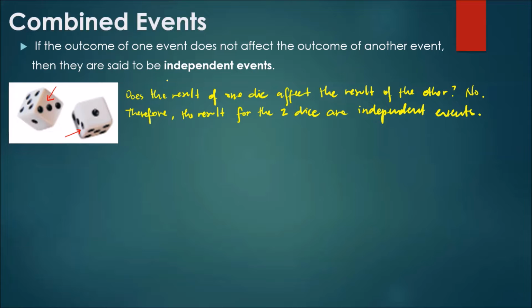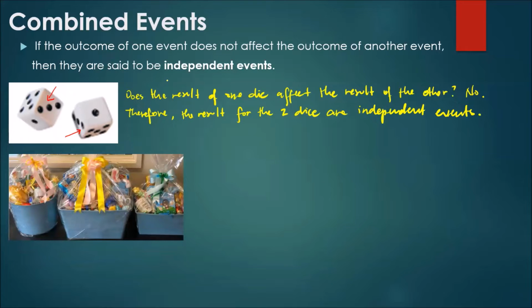For example, we have a raffle wherein we have 3 prizes. Okay, so let me write here 1, 2, 3. And we have 3 winners. Each winner will choose from one of these 3 prizes. Now, if we have the first winner, then the first winner can choose from the 3 prizes, right?